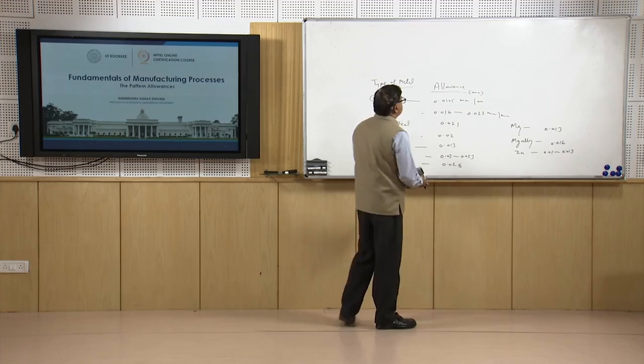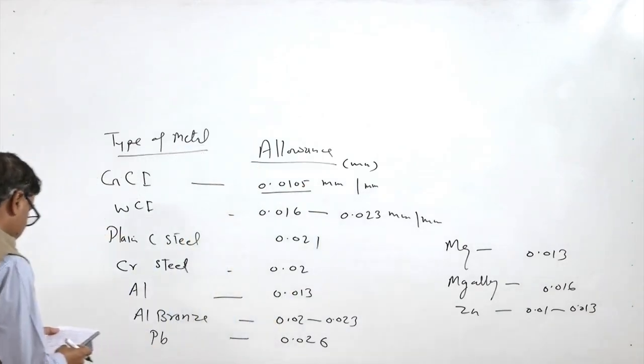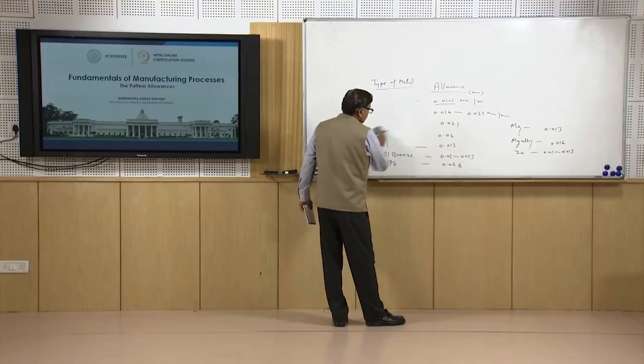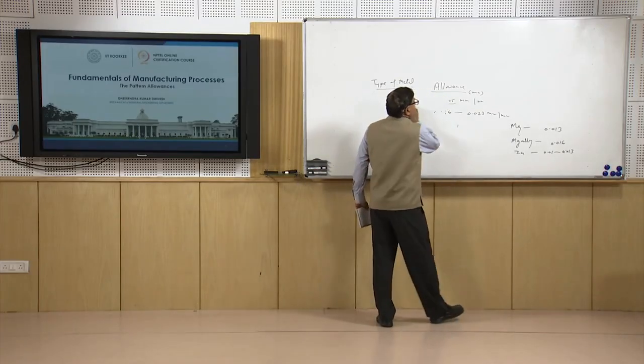This is the extent of the shrinkage which occurs in the solid state for linear dimensions, and that is why it is expressed as the extent of reduction per mm. If we take an example to consider how the shrinkage allowance is given, that is what we will try to see.